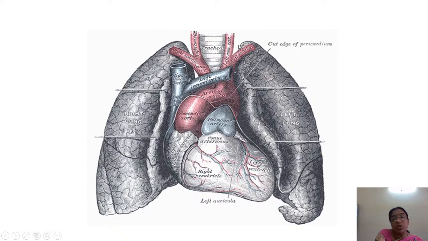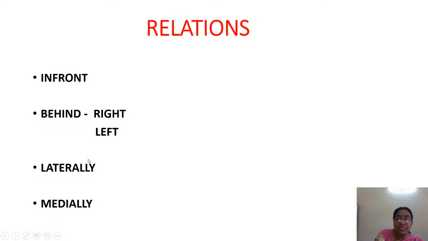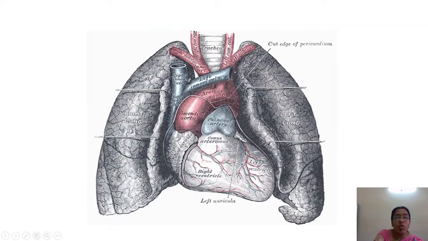Next, coming to the relations medially and laterally: medially it is related to the mediastinal surface of the right lung. Laterally it is related to the left lung. At this part is the pulmonary trunk, which comes to the left side along with the left lung. So these are the relations of the right atrium.